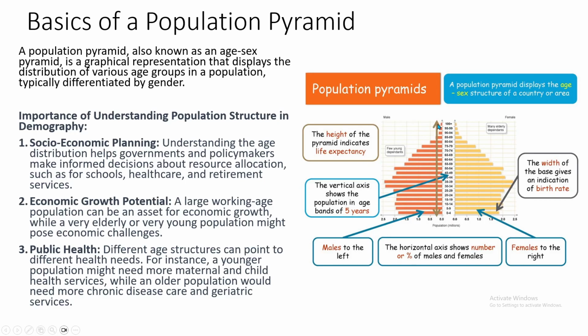Then with the columns coming off of the vertical axis here, we can see the proportion of the population that lies within each of those ages. On this one, the horizontal axis shows just the population in millions. Other population pyramids may show percentage, so it tends to differ. So always have a look at the labeling on that x-axis.